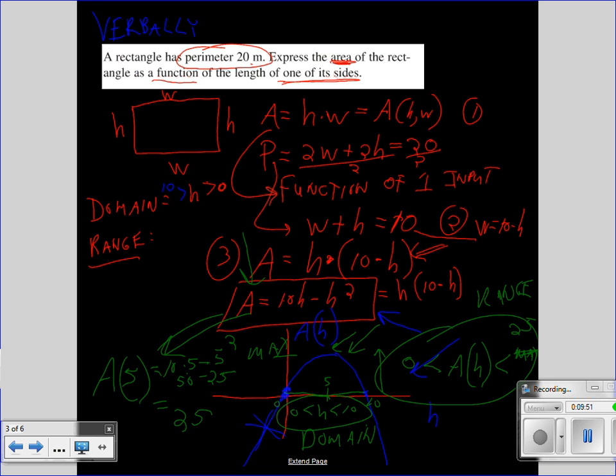I almost made a mistake on the domain until I looked at the graph. And I realized, what does this really mean? Well, the area has to be positive. So the range has to be positive. The area of the rectangle is between 0 and 25. That's my min to max. The domain has to occur where the area is positive, so that's between a height of 0 and 10.